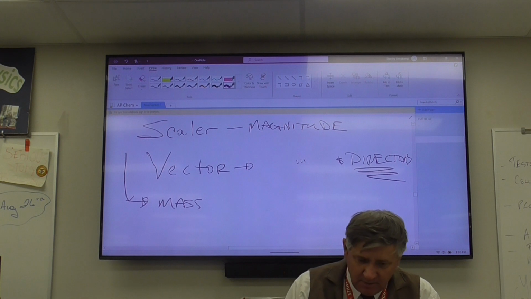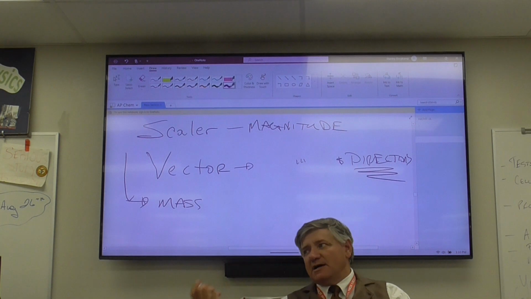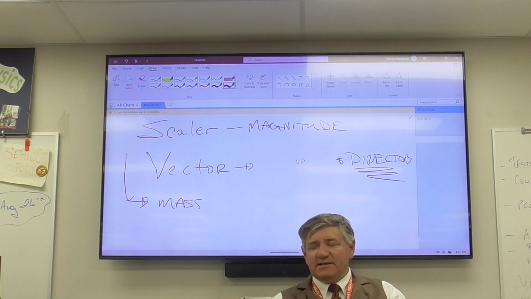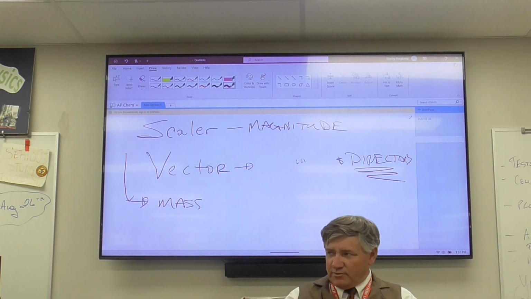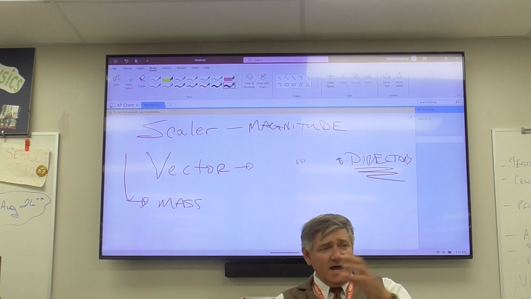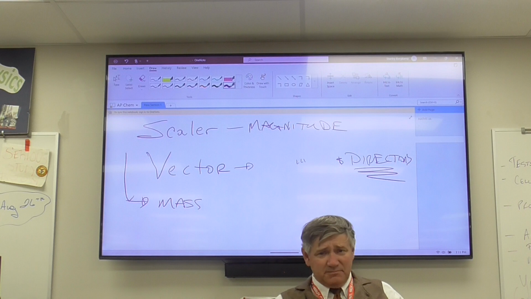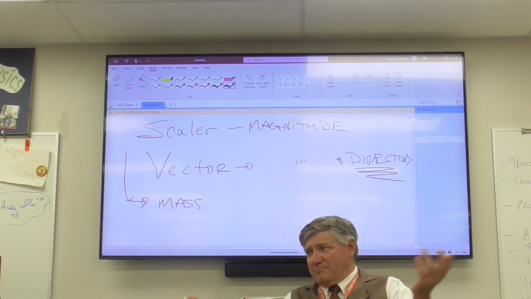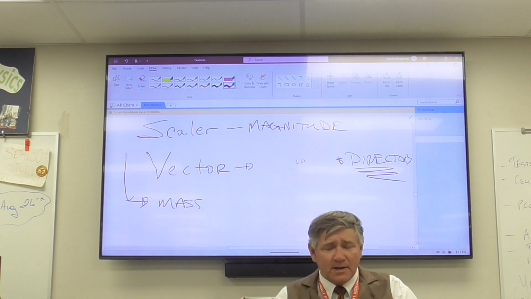If this golf ball has a mass of 0.1 kilograms, it doesn't make any sense to give it a direction. It doesn't say it has a mass of 0.1 kilograms up or down or left or right. It's just a mass, just a number.